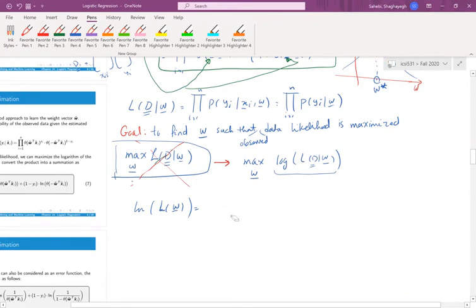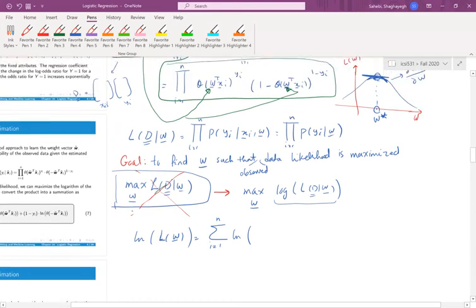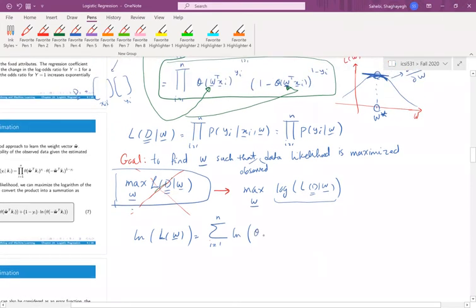So instead of the multiplication from i equals 1 to n, I'm going to have a summation from i equals 1 to n, and the logarithm can go inside, then ln of theta of W transpose xi to the yi, times 1 minus theta of W transpose xi to the 1 minus yi.